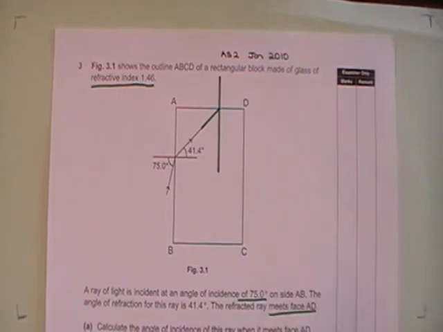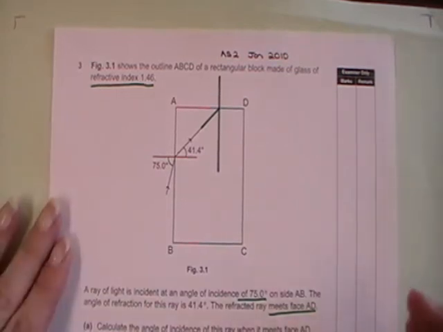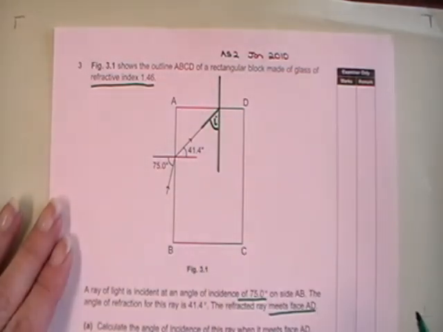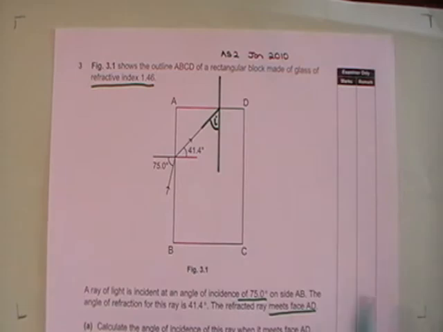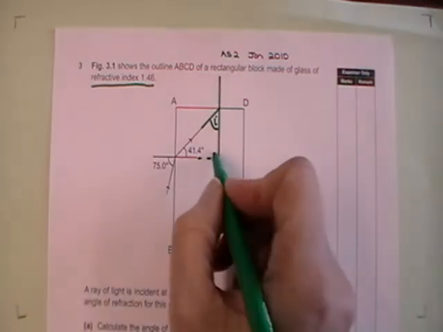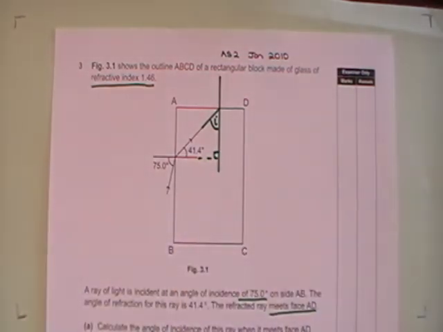The question then asks us for the angle of incidence of this ray when it meets face AD. So we want this angle in here. Well, if we consider this diagram, we have a right angle triangle at this point.